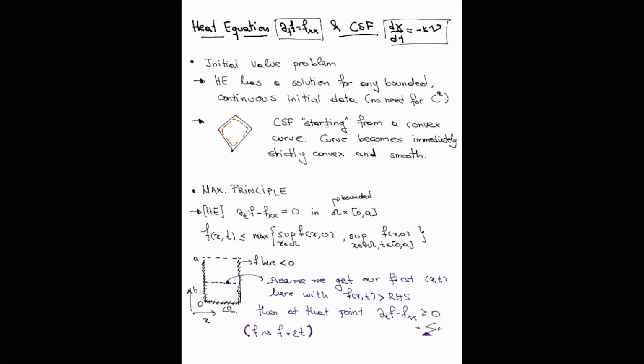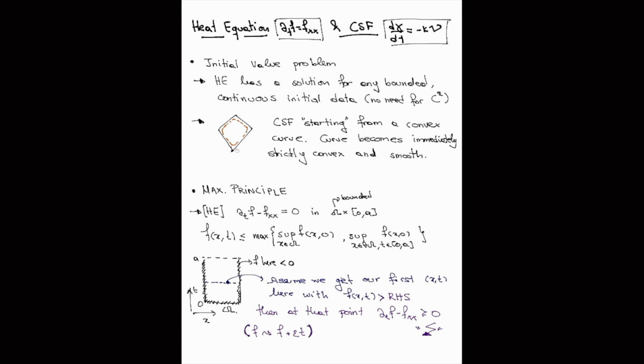However, when you're looking at the initial value problem, what kind of curves can I start with? It turns out that you can start with any convex curve. You allow corners, it doesn't matter, and you run curve shortening flow. This flow immediately makes it smooth and strictly convex. Again, what do we mean by a solution here?